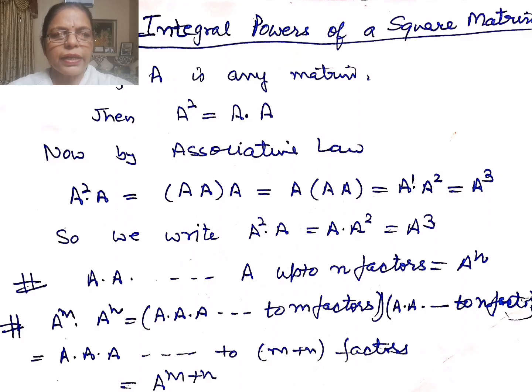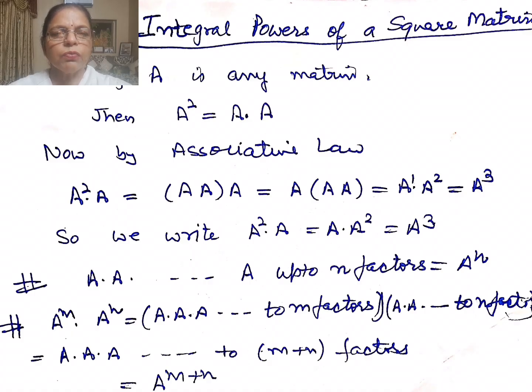So we can write A into A up to n factors, that is equal to A raised to power n. And next, A raised to power m into A raised to power n. A raised to power m is equal to A into A up to m factors. A raised to power n is equal to A into A up to n factors.